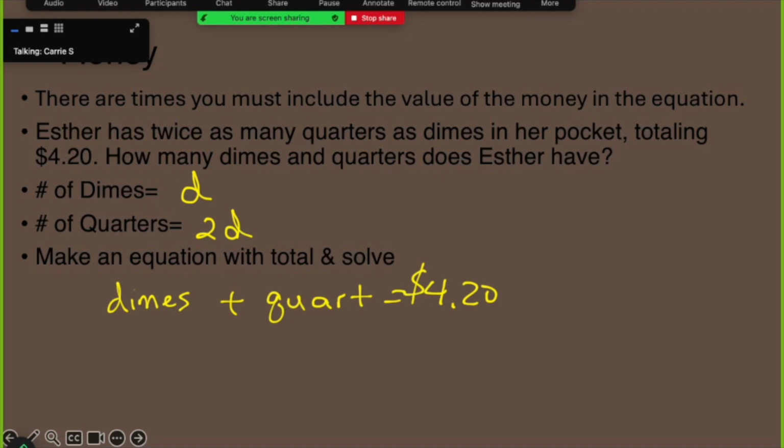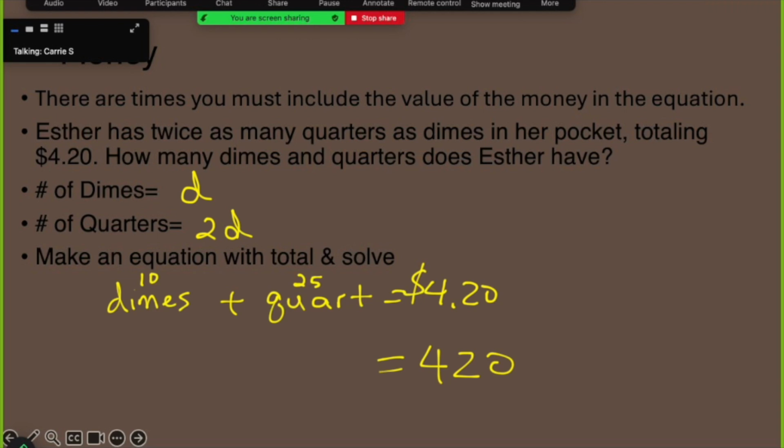And what about the value of a quarter? 25 cents. And this is $4.20. How many cents is that total? 420 cents. So if I'm going to represent this as being 10 cents and this is 25 cents, I'm going to have that be 420, so that we're all talking about cents.